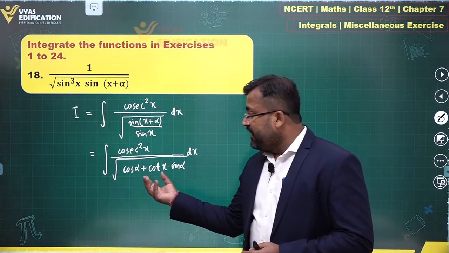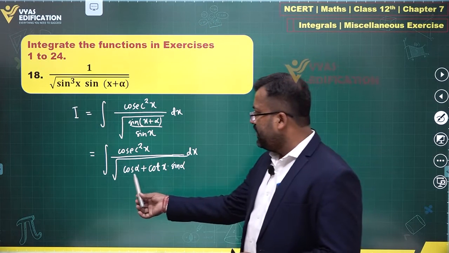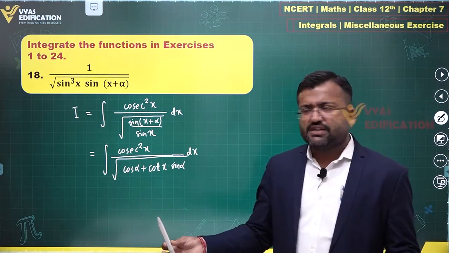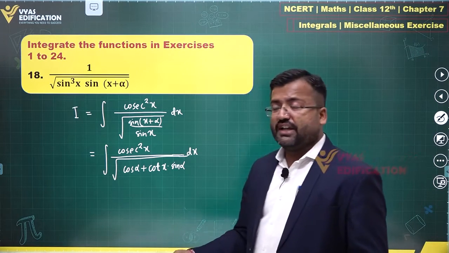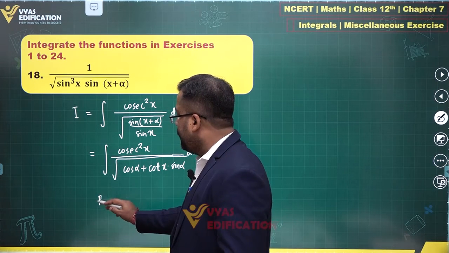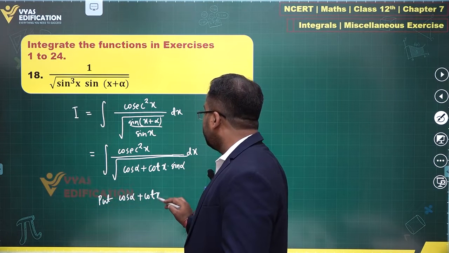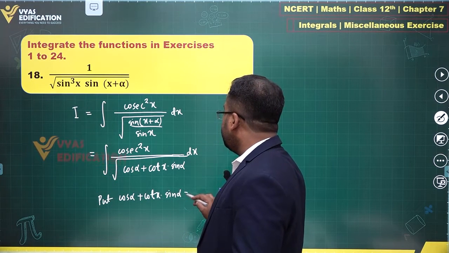Now do you see the beauty of this step? In the denominator you have a complicated expression, but its derivative is present in the numerator. Don't worry about cos alpha and sine alpha, these are just constants. Worry about only this cot x, which is the problem. So put cos alpha plus cot x sine alpha as t.